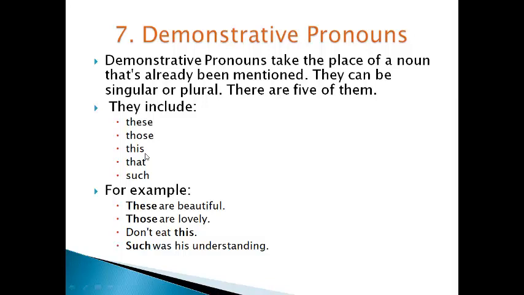When we are talking about a near object in the singular, that is this. When we are pointing to an object at a distance, we say those, as well as that. These two are used to talk about things which are at a distance.